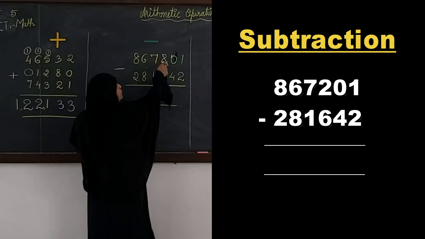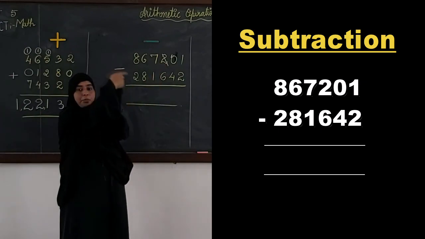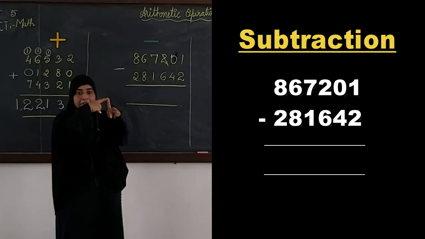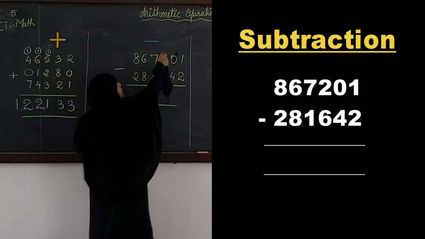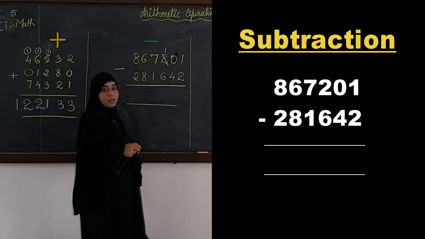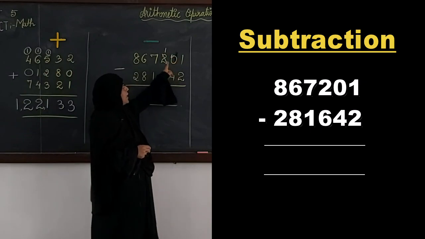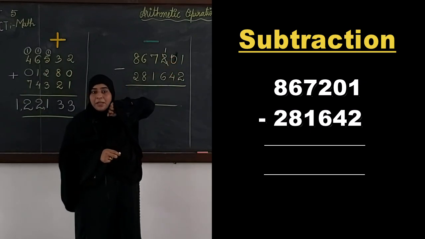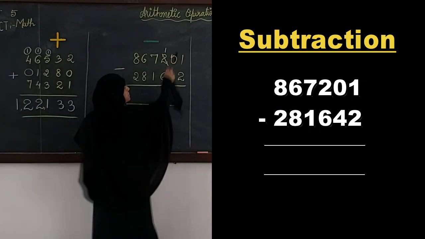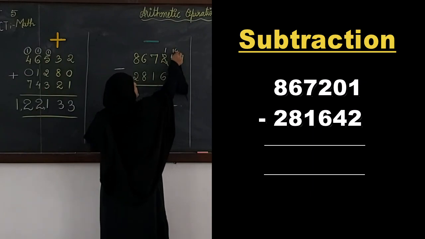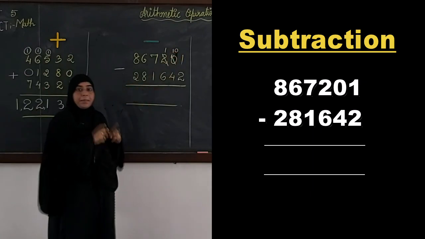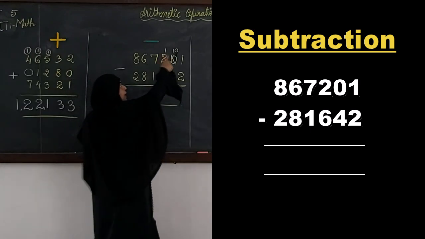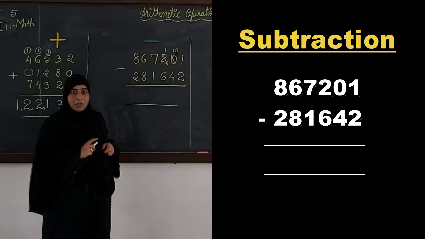Okay. Now from 2 groups, 1 group of 100 is gone. So how many will remain here? Just 1. Okay. Now this number has changed. It's not 0 anymore. Now it has become 10. Okay, after bringing 1 it became 10. Now 10 can give 1 to ones place.